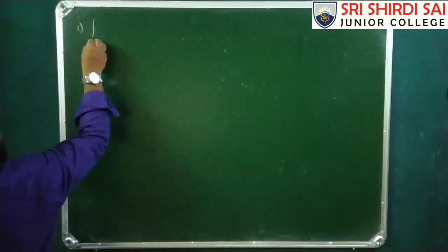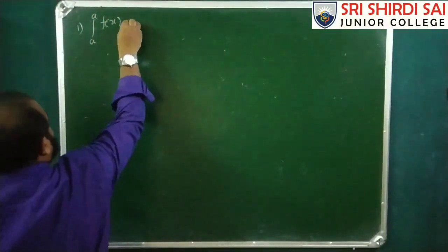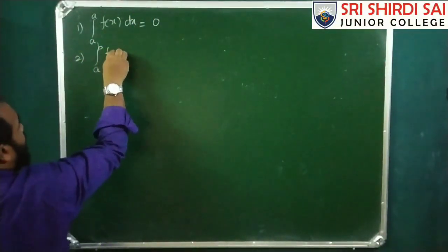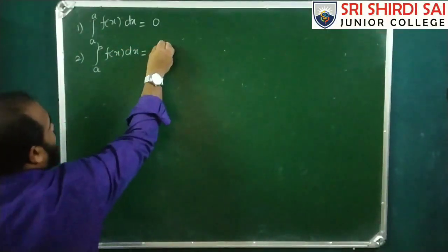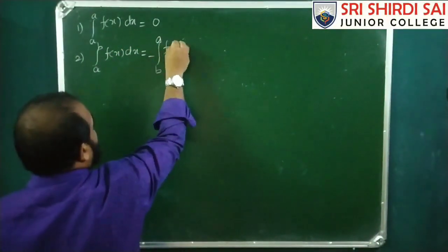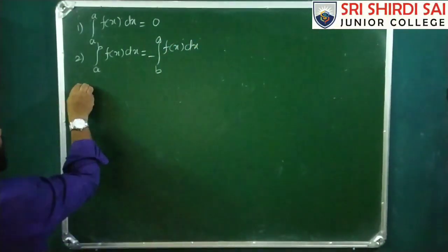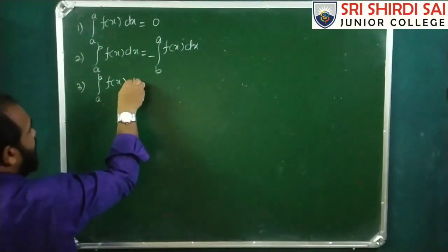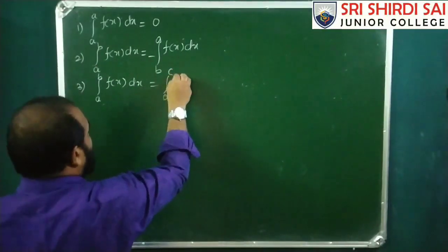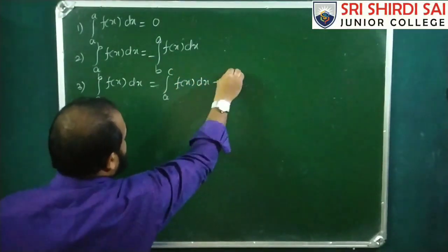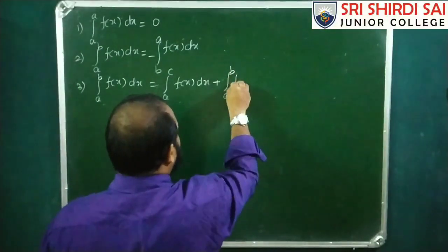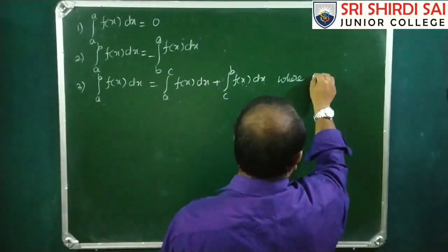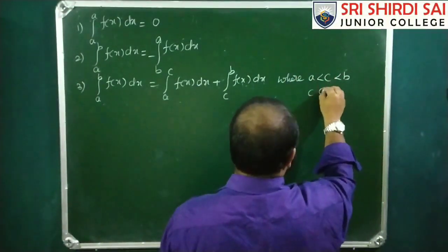So very first is integral a to a f of x dx equals to 0, integral a to b f of x dx is equals to integral minus b to a f of x dx, integral a to b f of x dx is equals to integral a to c f of x dx plus integral c to b f of x dx, where c is lying in between a and b.